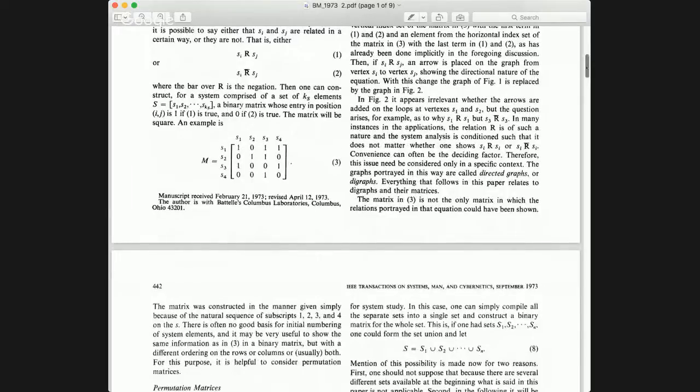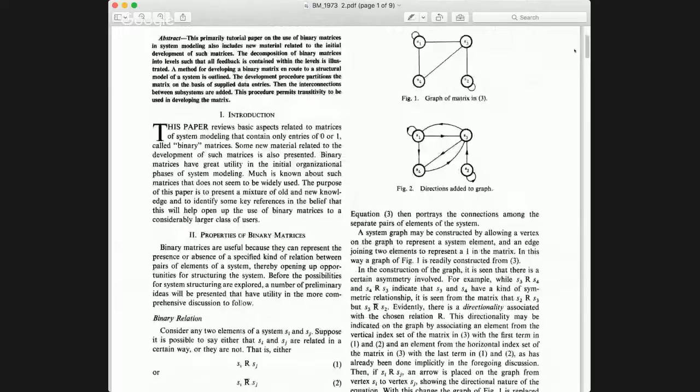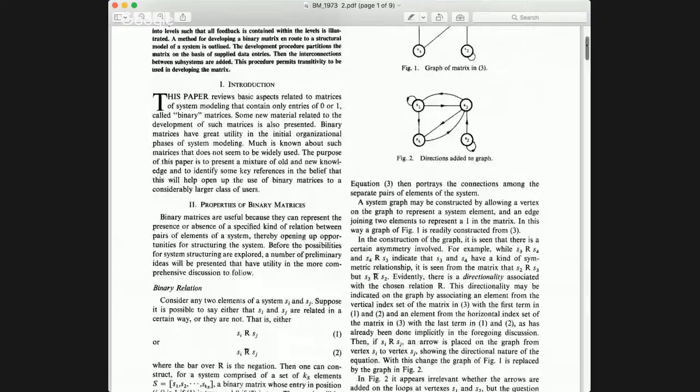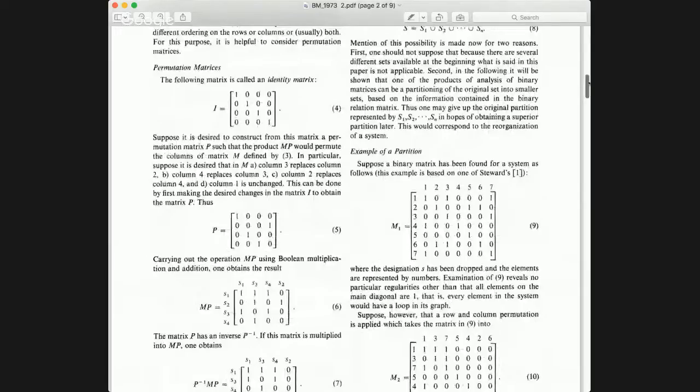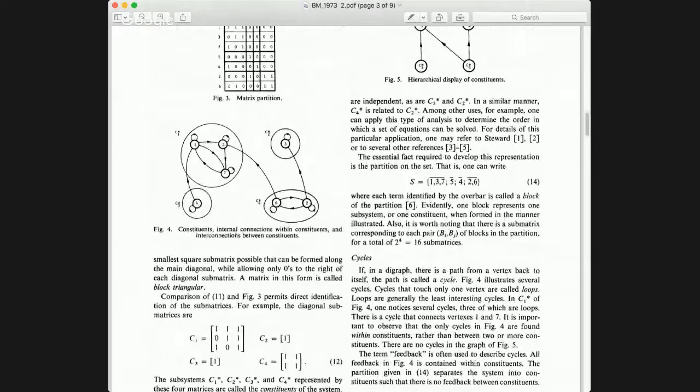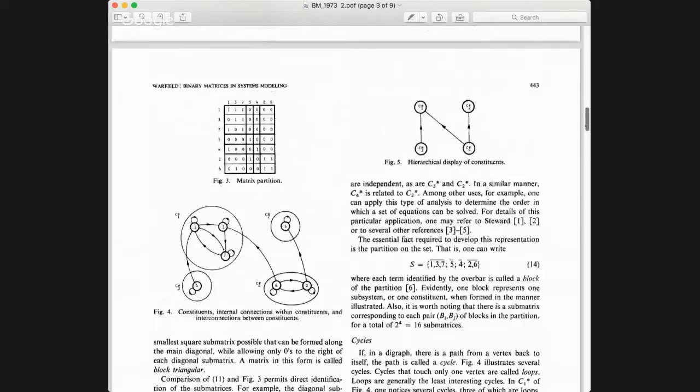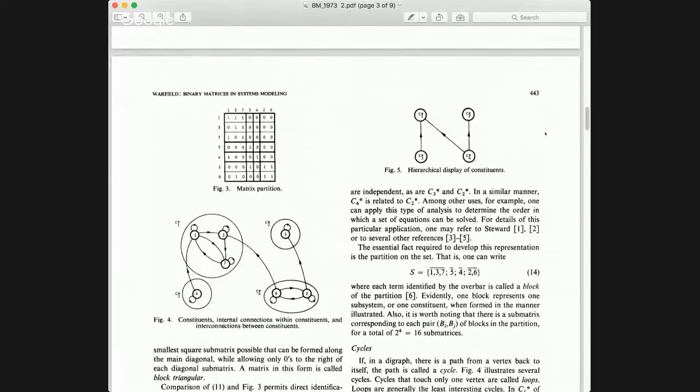So there are some issues on these types of analysis that really are important, but how do you break those out and what do they mean? Well, we can see here in figure 4 a type of graph that has a matrix partition, and this particular fundamental graph is then transformed into this hierarchical display, which is a directed asymmetric graph.